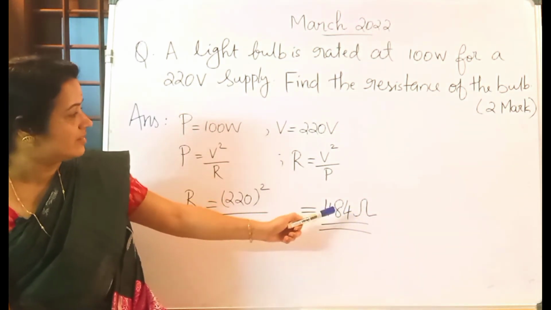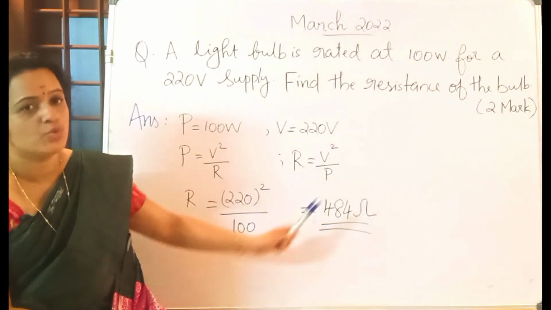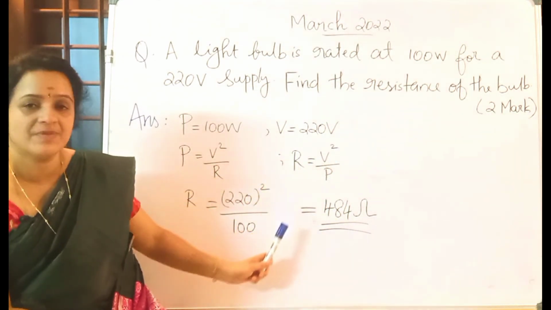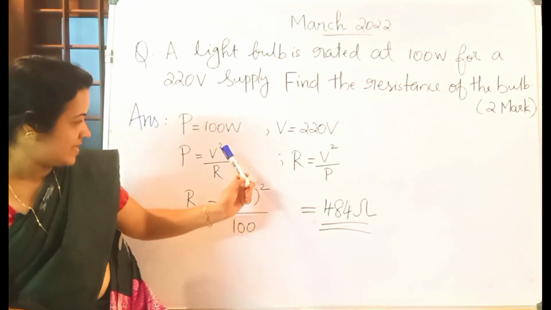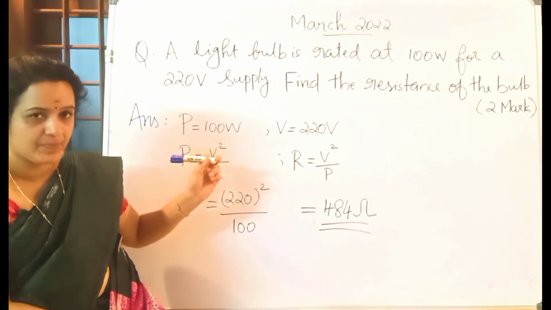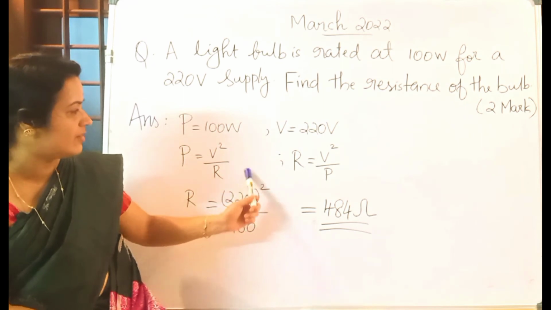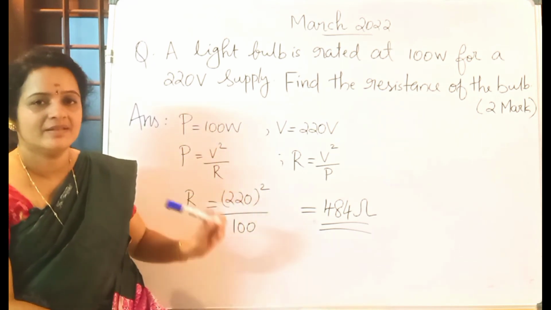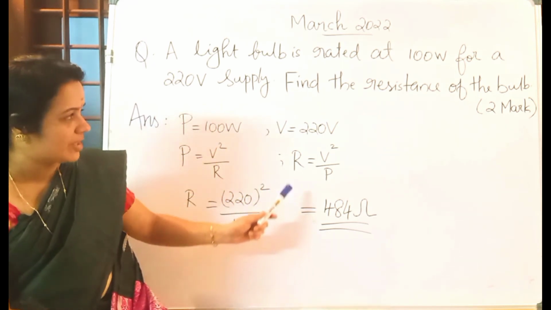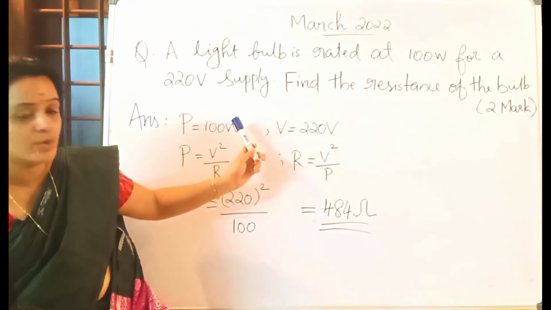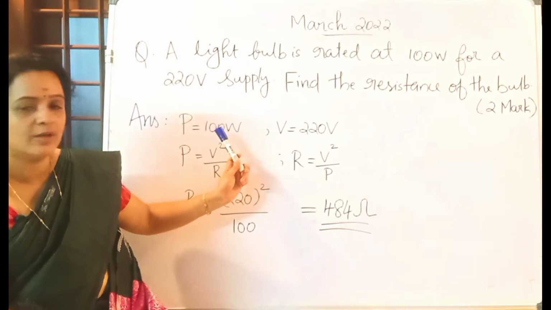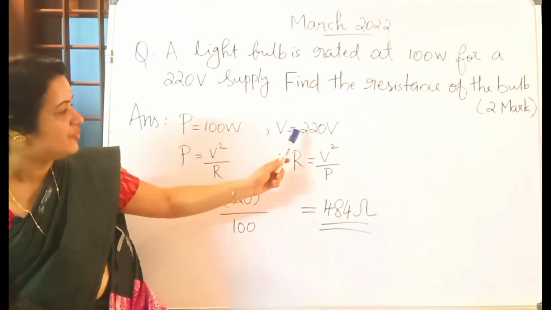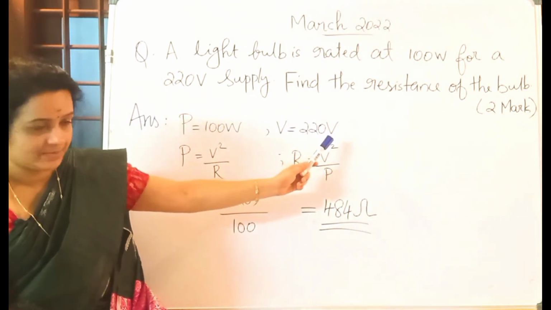So here it is very easy to get 2 marks because only within 2 steps we can score full marks. Okay, so just remember the equation, that is P is equal to V square by R, then we can easily find the values. So I will repeat. Here the things given are P and V, that is P is equal to 100 watt, then V is 220 volt.